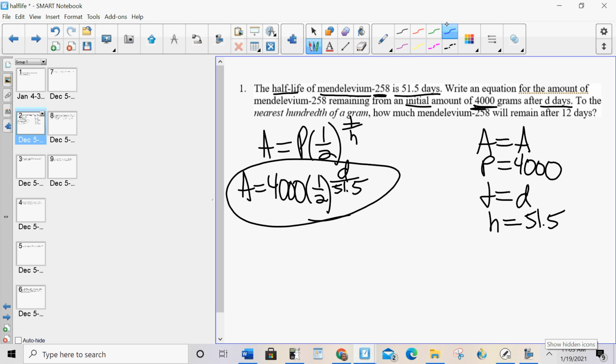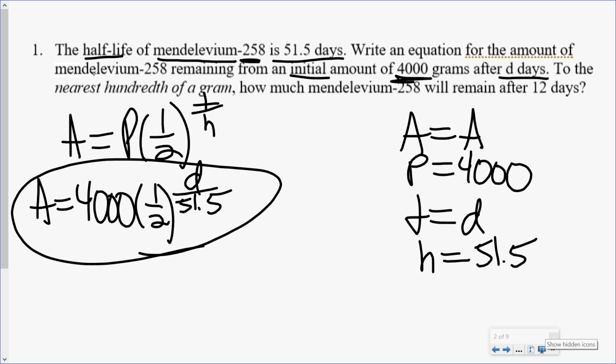Now, this will be a 4-point question since it's asking two different questions. It says how much will remain after 12 days. Well, that's T. A lot of students confuse the difference between T and H. T is how much time is actually passing. 12 days have passed. That's what T is. H is the amount of time it takes for the percent to be applied.